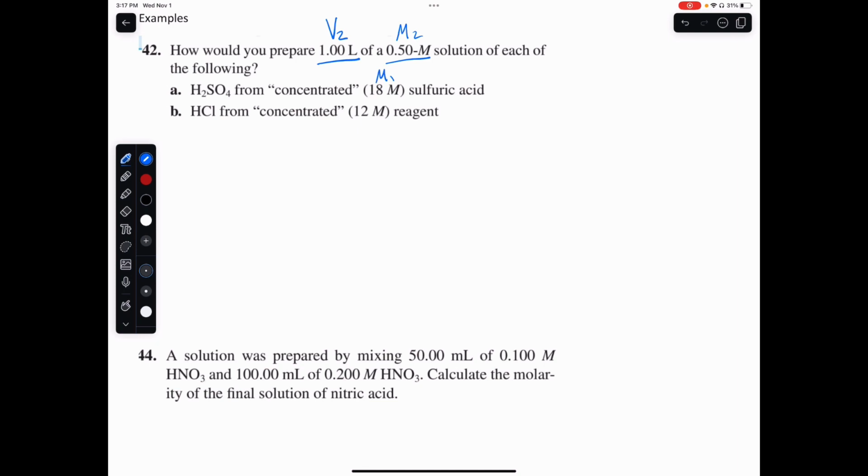And so the question you have to ask yourself is, well, how much of that highly concentrated stock solution do I need to then water down and make my new solution? So there's actually 3 parts to answering this type of question, and I am going to require you to answer it in 3 parts. So part 1 is to determine the amount of stock solution needed by using our equation.